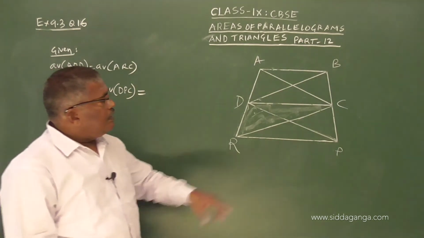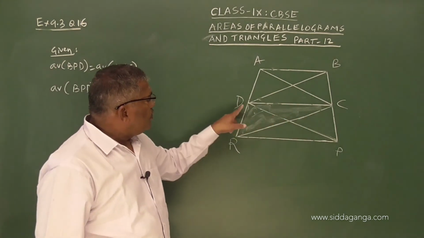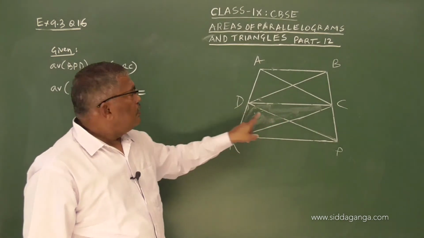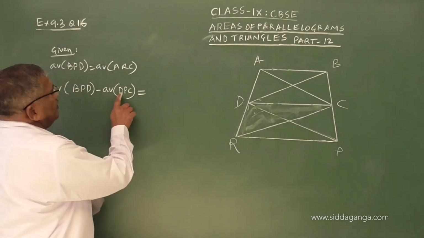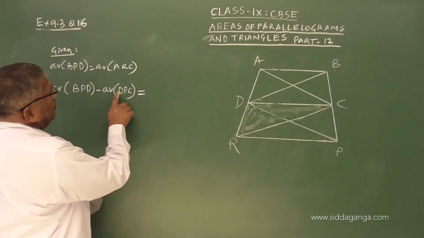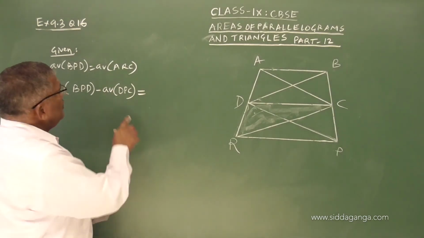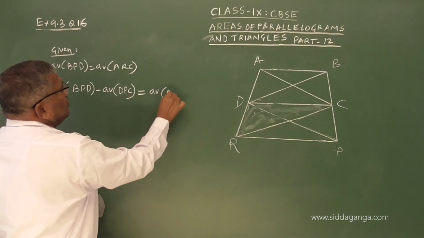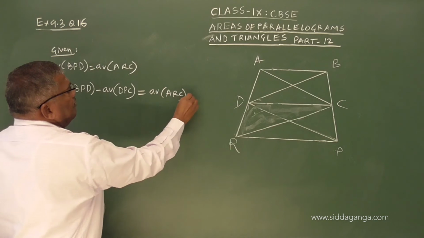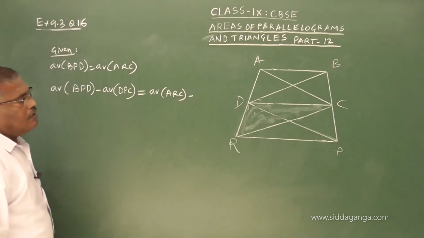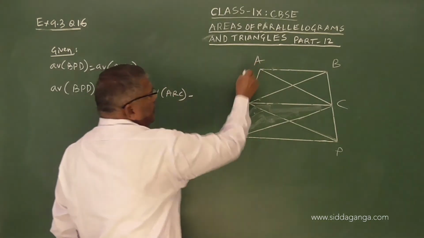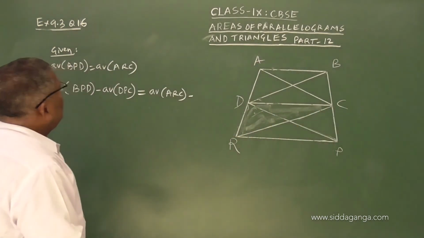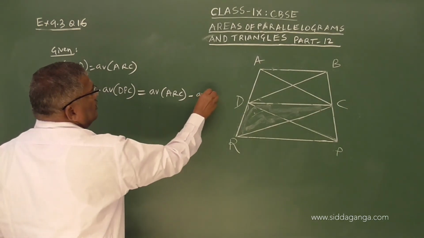So, we know that DPC is equal to DCR, these two are equal areas. So, therefore, first you deduct from both sides. On this side it is area ARC minus area DCR. You observe here ARC, in this you construct DCR.